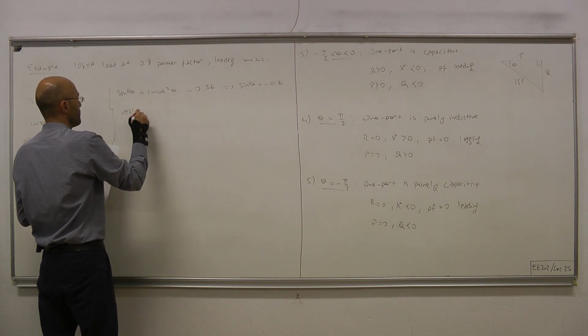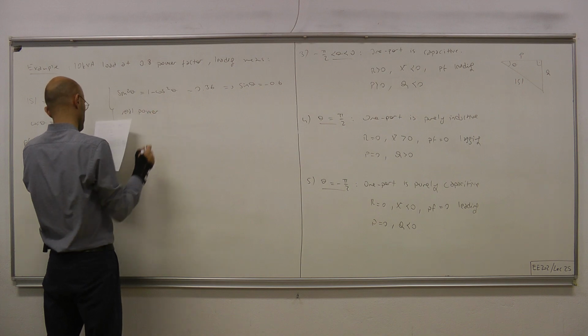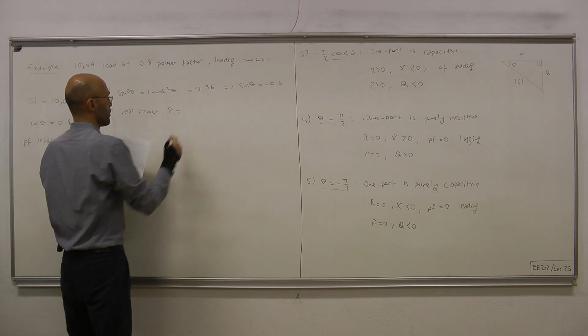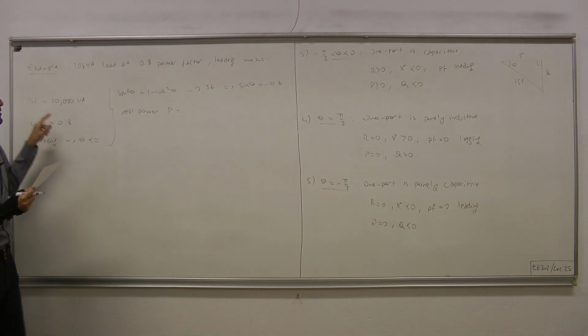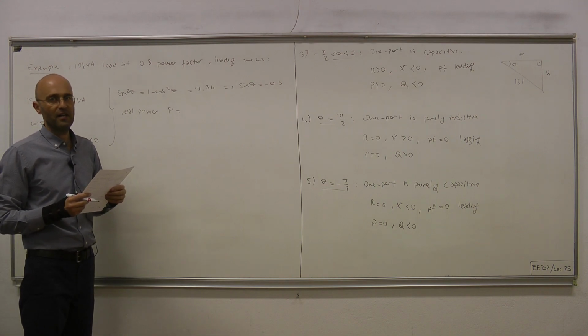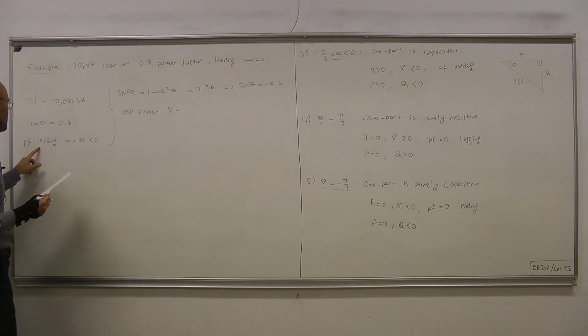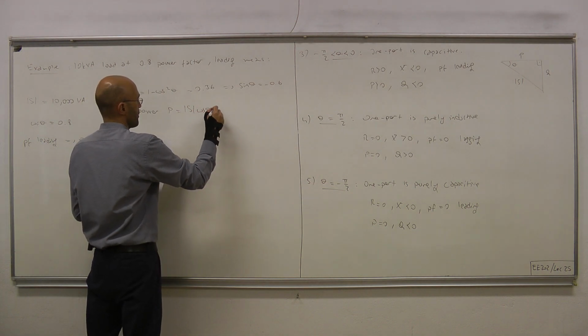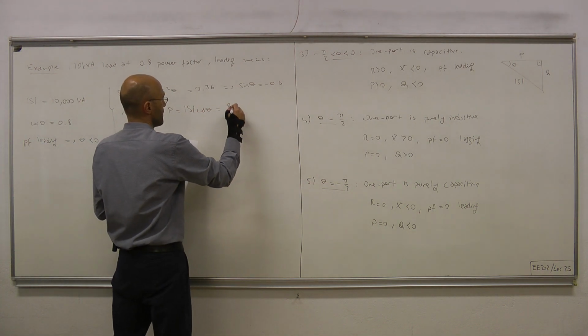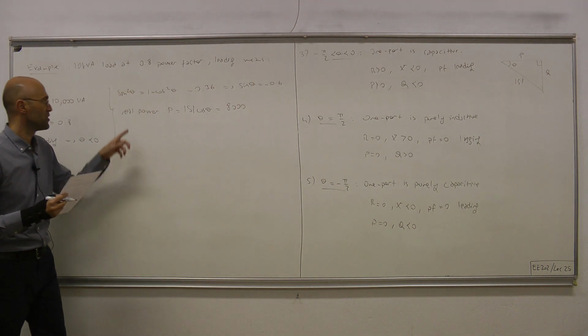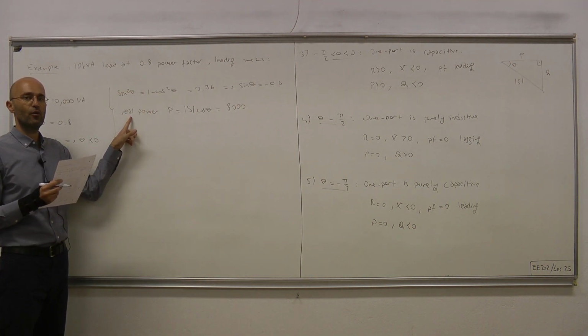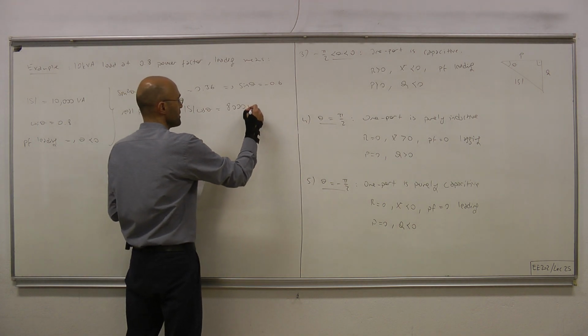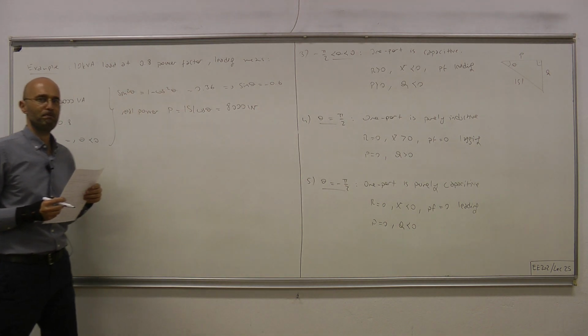And then the real power, P, equals the apparent power times cosine theta, which is 0.8, the power factor, so that's 8,000. Since we're talking about the real or active power, the unit is watts.